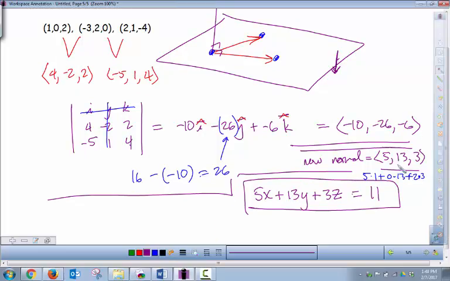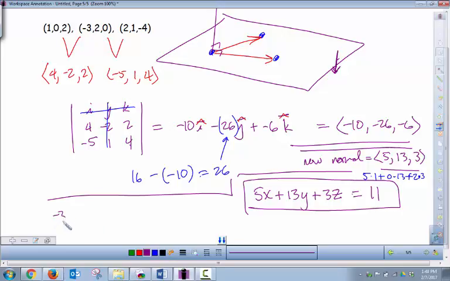Now, this would work with any point on the plane, right? So instead of choosing 1, 0, 2, maybe we choose negative 3, 2, 0.